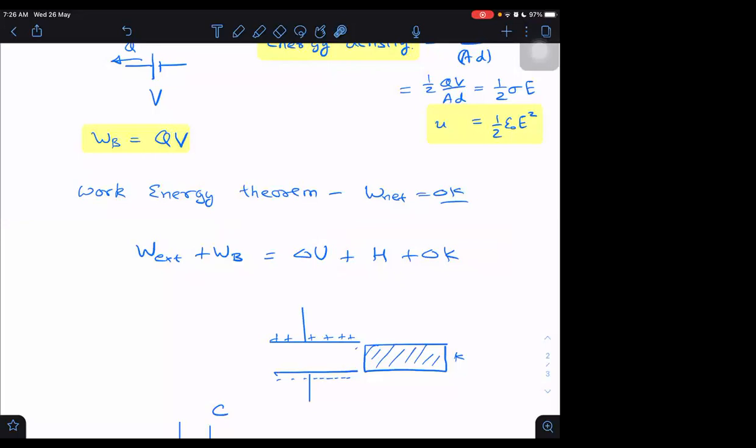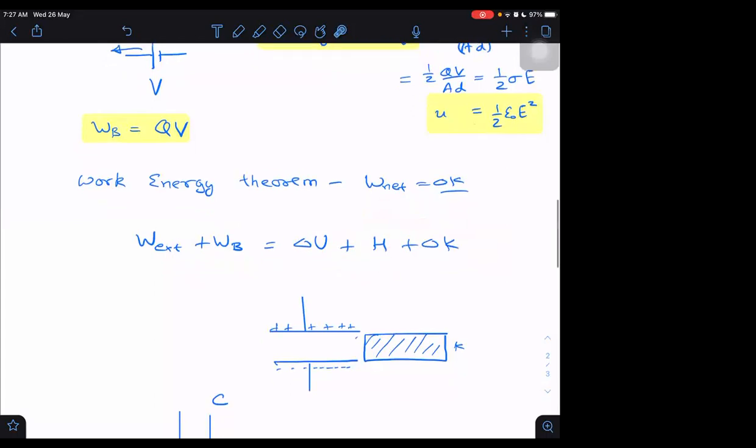Somebody may also wonder why H comes. H comes because of work done by non-conservative forces, which will be equal to heat energy produced. So this may also be there.